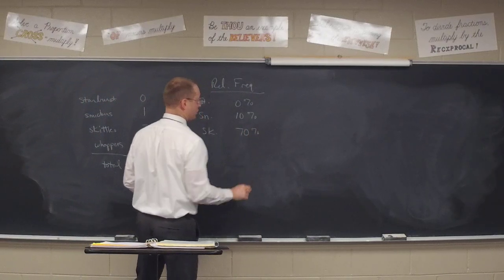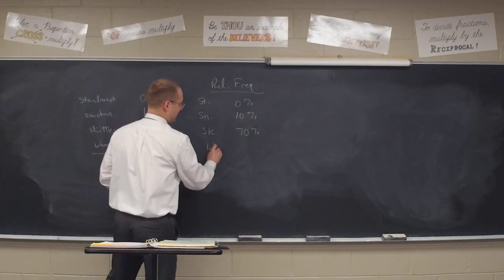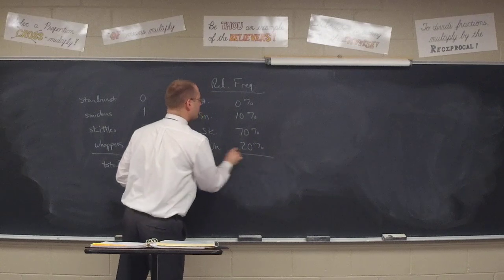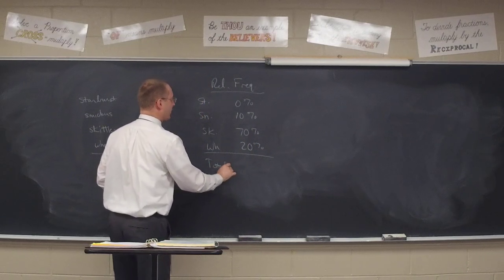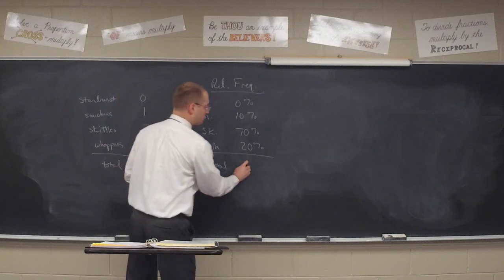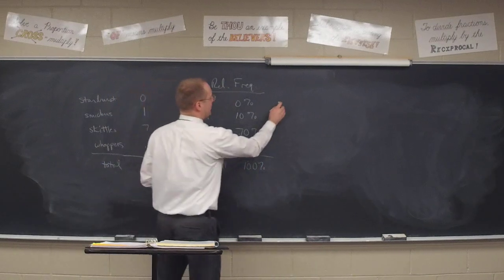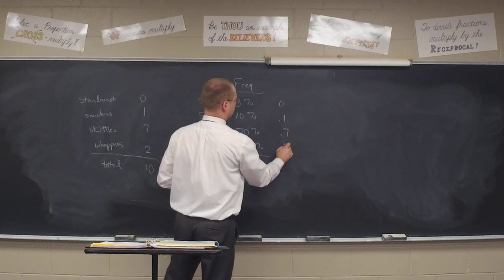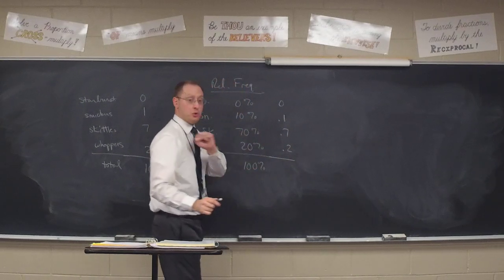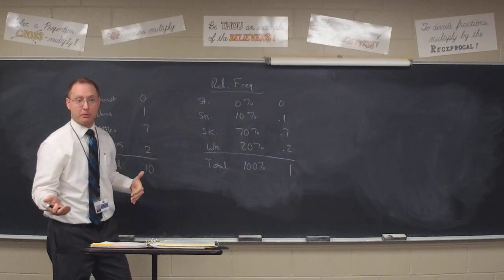Again, this is assuming you're a normal group of people. And Whoppers? 20%. Now, notice what everything has to add up to on a relative frequency table. It better add up to 100%. Or, if you were doing decimals like I did, we'd have 0, 0.1, 0.7, 0.2, in which case it would have to add up to 1. Because the sum of all probabilities has to add up to 1.